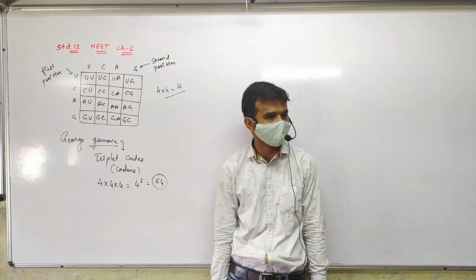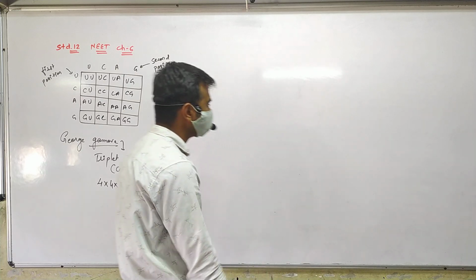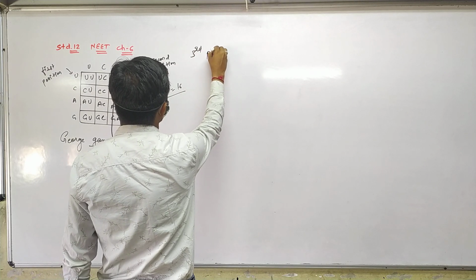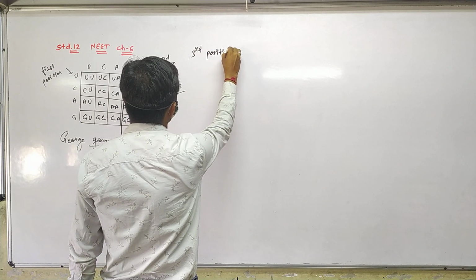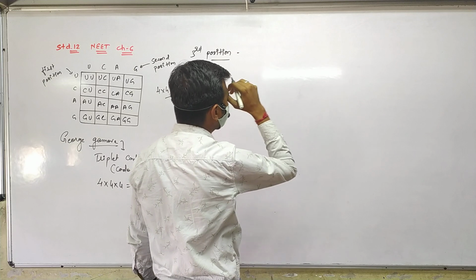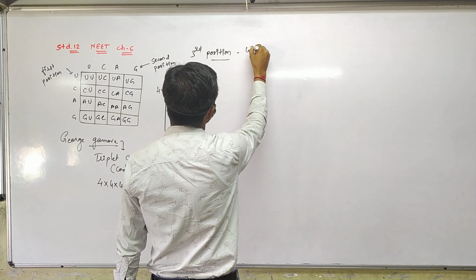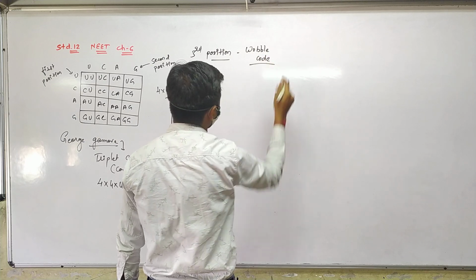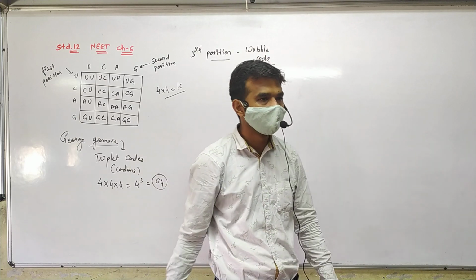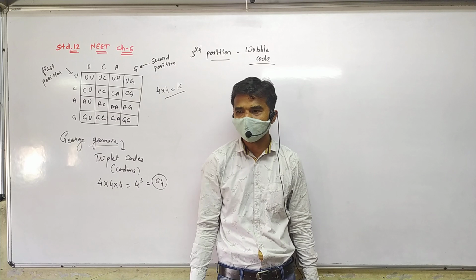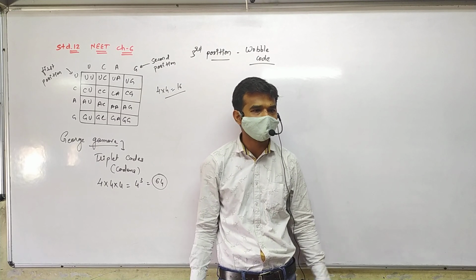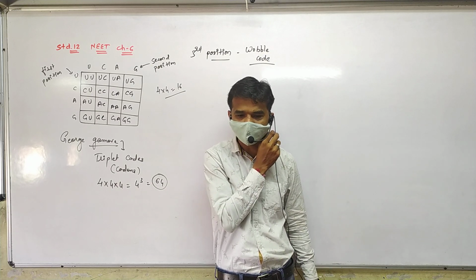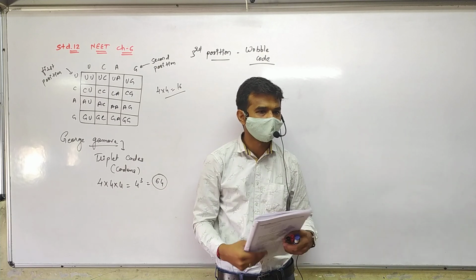This third position of the codon is known as the wobble code. And you have to form the checkerboard, so I have given the clue for all these columns.